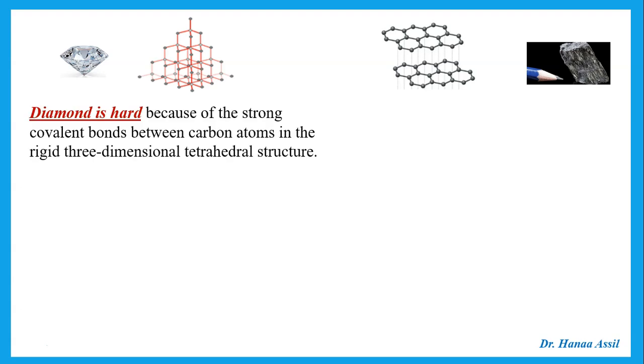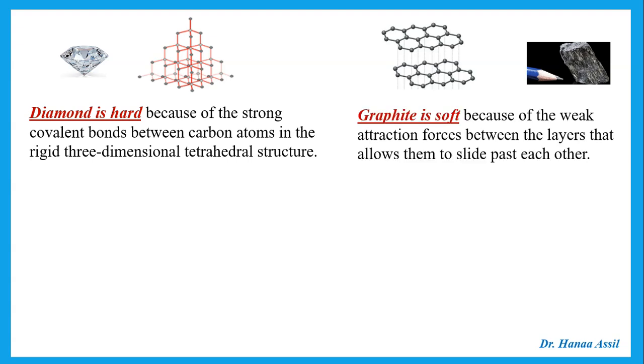If we're comparing diamond to graphite, diamond is hard because of strong covalent bonds between carbon atoms in the rigid three-dimensional tetrahedral structure. Why is graphite soft? Weak attraction forces between the layers allow them to slide over each other.